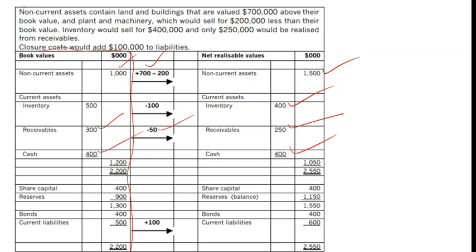So you can see that our total assets have been adjusted from a total of 2,200 to 2,550, depending on what actually is obtaining. That's how you can value your business. Remember, the total assets should agree with the total equity and liabilities for the statement of financial position to balance.